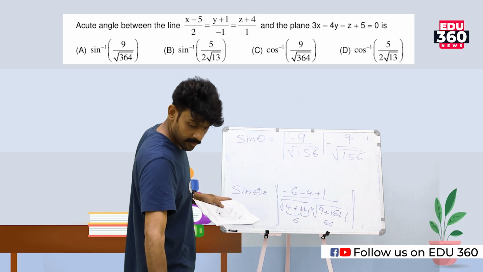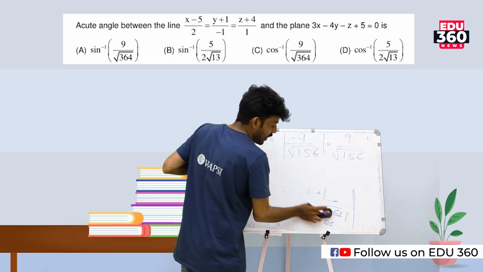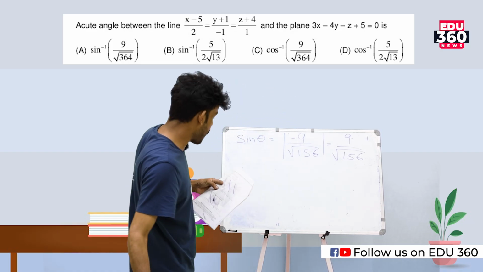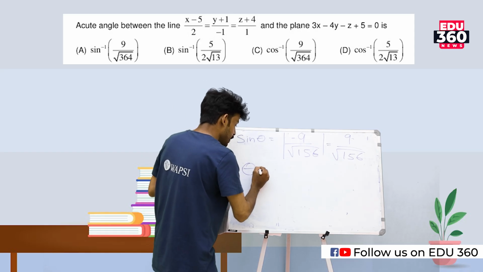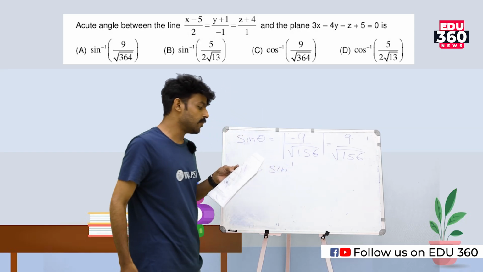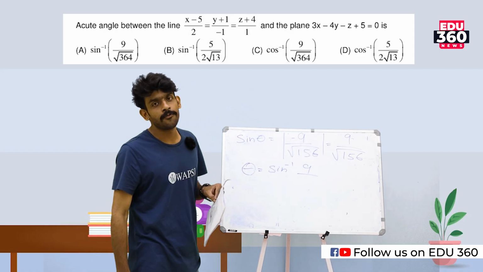So in the next step we can write theta is equal to, theta means the angle, theta is equal to sine inverse 9 divided by root of 156.